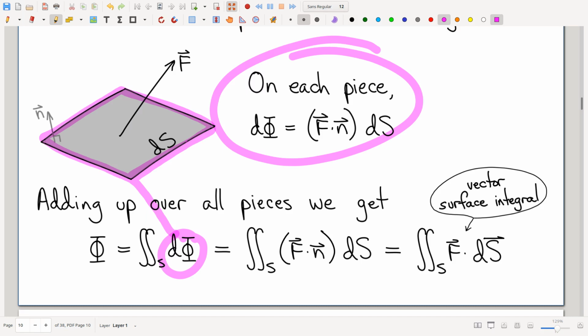And so on this little piece, we can recover our previous formula: vector field dot normal vector, times the area dS. Is everybody okay with that?